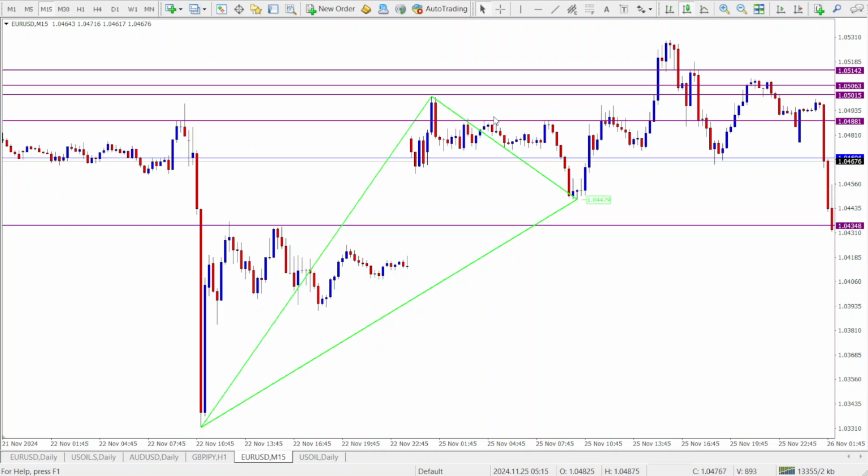This was a resistance zone. After retesting the support, the candlestick retested the resistance and dipped further and retested the support again. Can you see that? After retesting the support again, the price went back to retest this resistance.